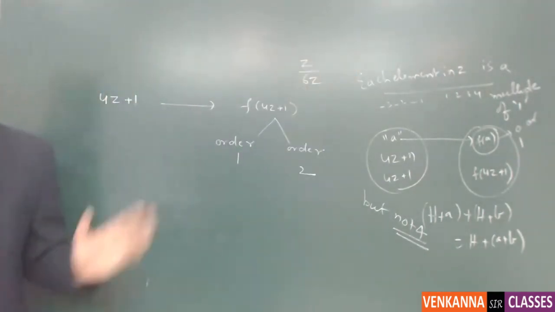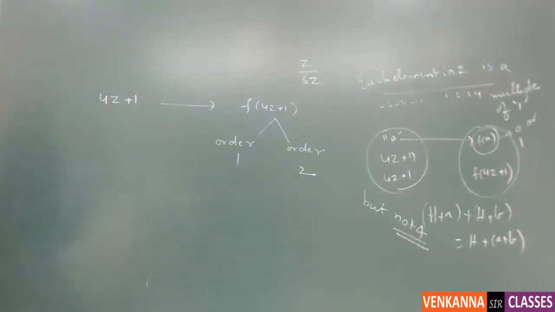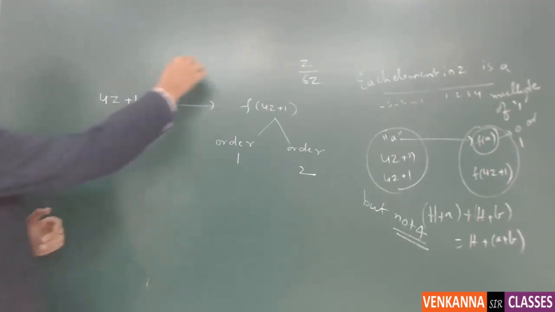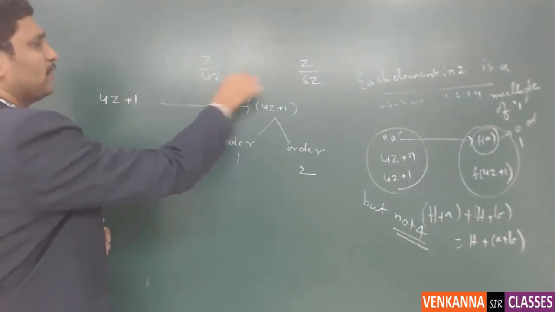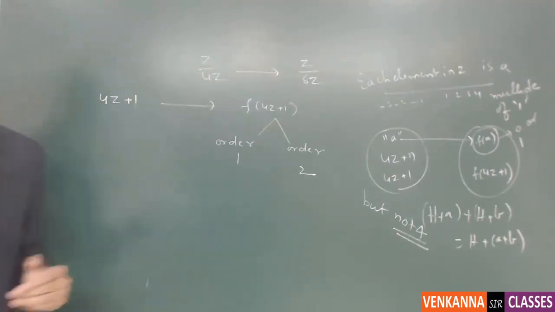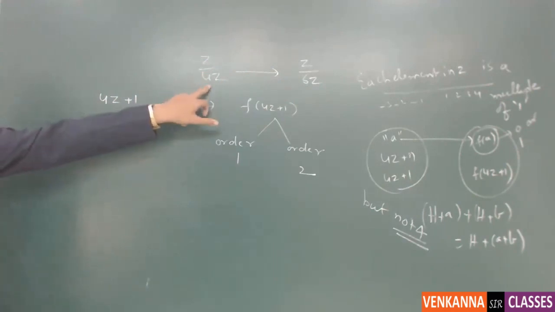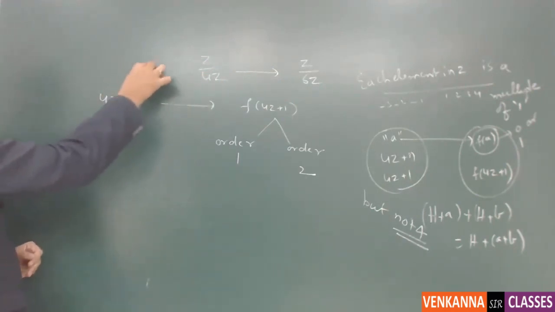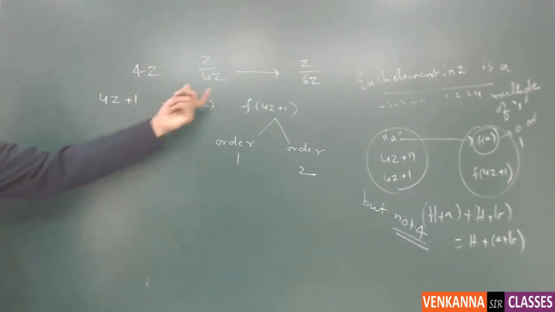Z by 6z, what is the identity element there? What is the identity element there in the right side set? Domain is z by 4z, codomain is z by 6z. So here the identity element is nothing but 6z, because understand that we are dealing with the cosets, not with the numbers.